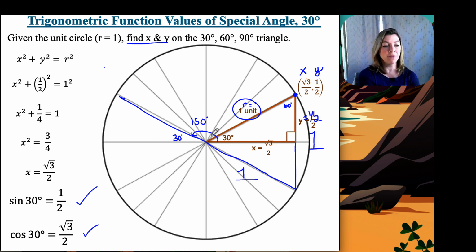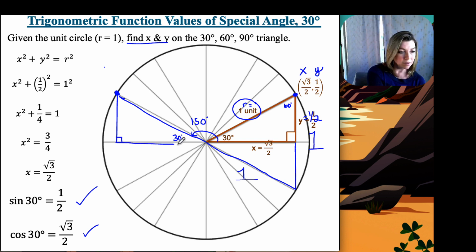So if we have this coordinate right here, beeline it to the x-axis like this, right triangle has been constructed, then we have similar triangles. They're actually more than similar, they're congruent. So this side length right here is radical 3 over 2, and this side length right here is 1/2.